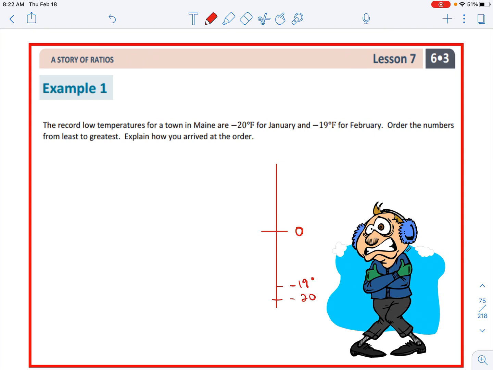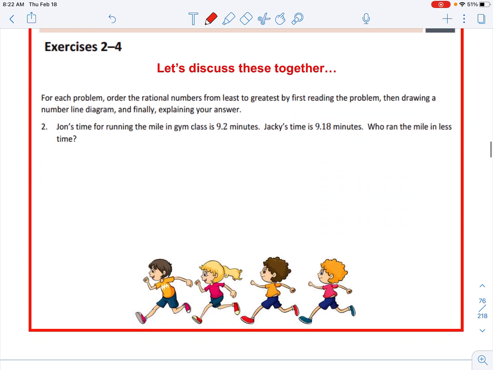Which one is colder? Well, negative 20 is going to be colder, okay? It's also farther away from 0, so that makes it the smallest number. So in our answer, we would have negative 20 and then negative 19, okay?